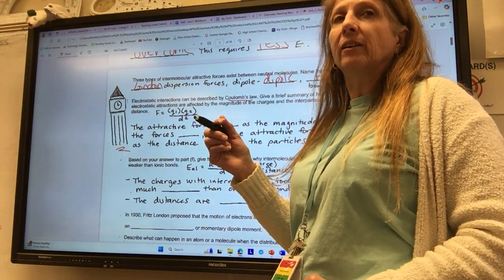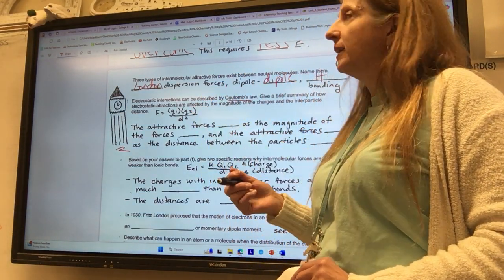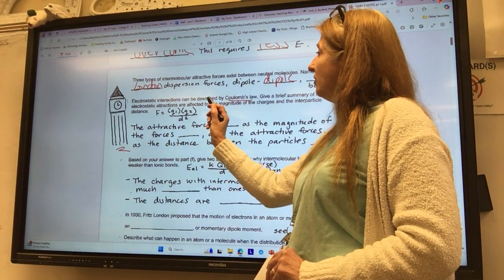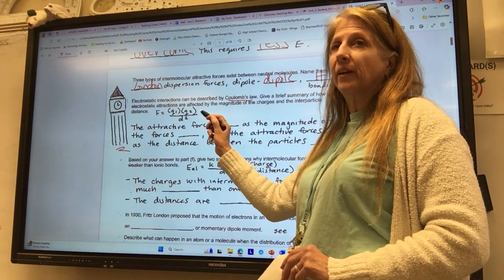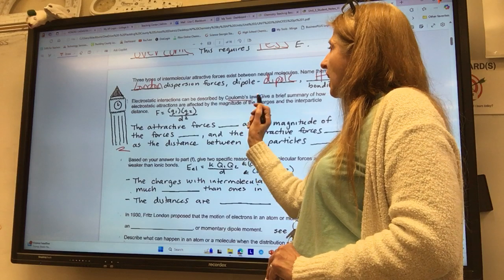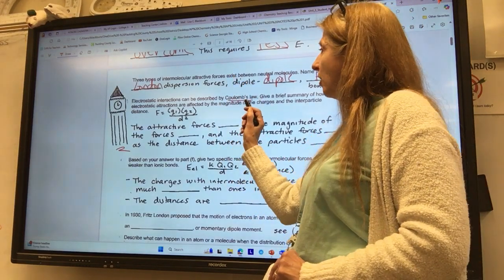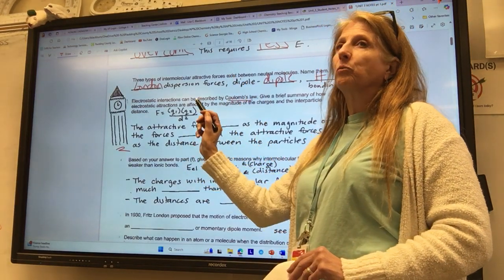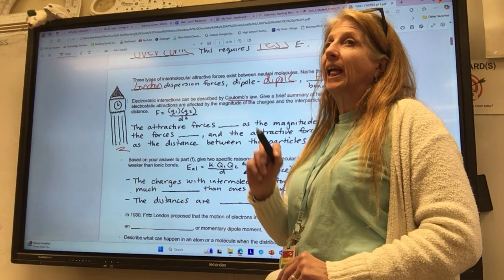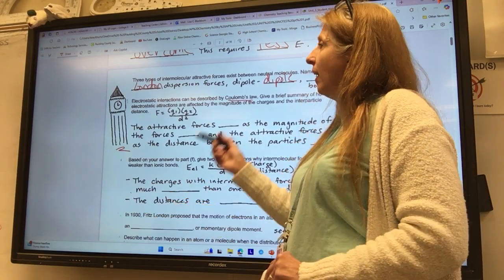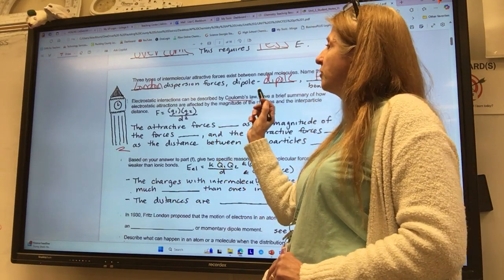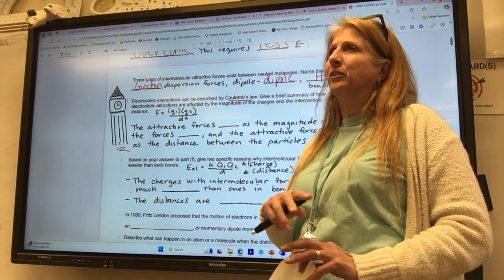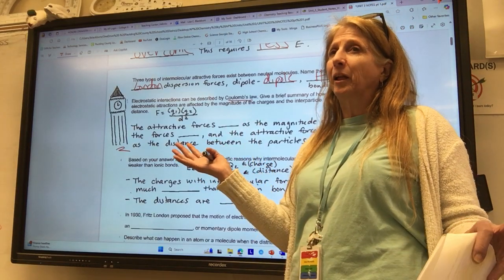So my son, Eli, who goes to Kennesaw, was telling me not only did Coulomb come up with this knowing about electricity, and a unit is named after him, the Coulomb, and understand all this groundbreaking stuff in chemistry and physics, he also did engineering, and he was telling me how he figured out this way to figure out something about soil and making buildings.